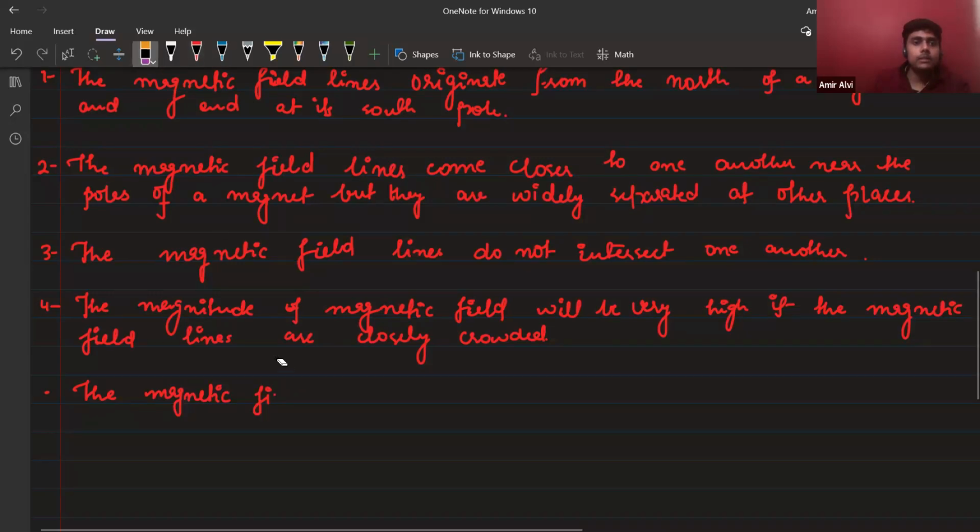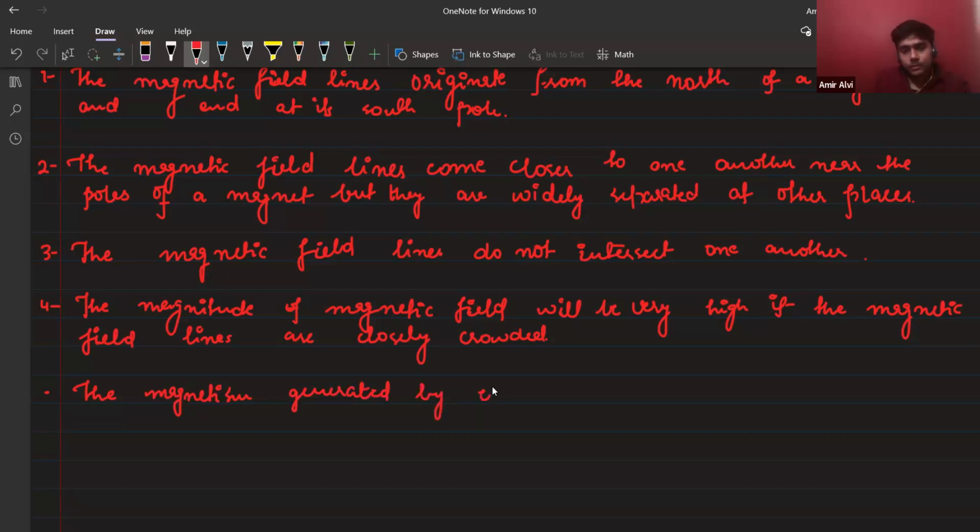The magnetism produced by an electric current is called electromagnetism. So this can be a one-marker in your school, or in boards as well.